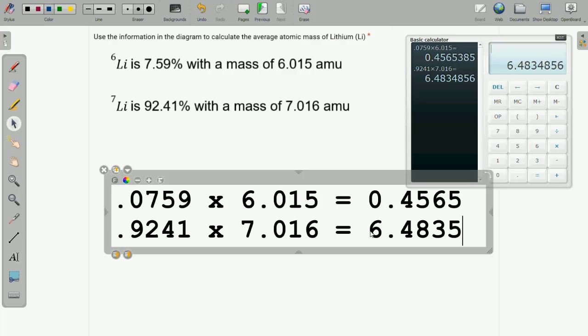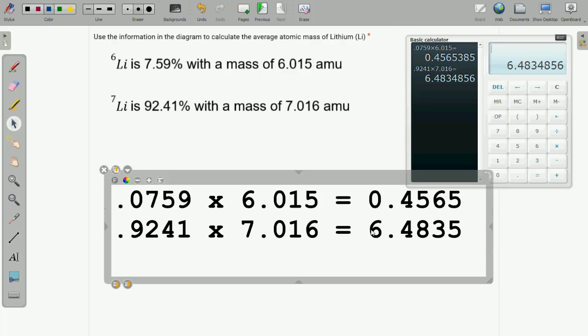All right. The final step is we're going to take those two numbers and add them together. 0.4565 plus 6.4835.